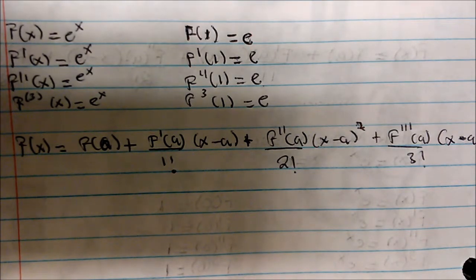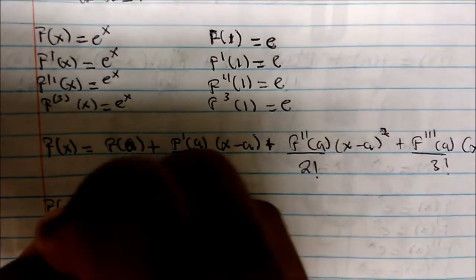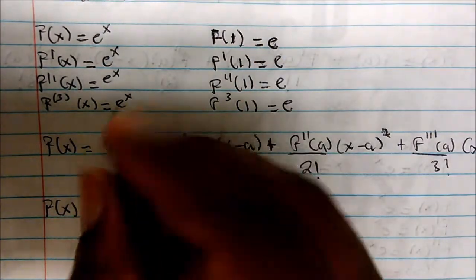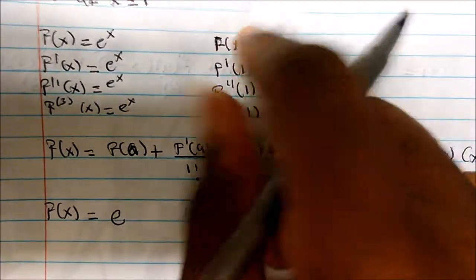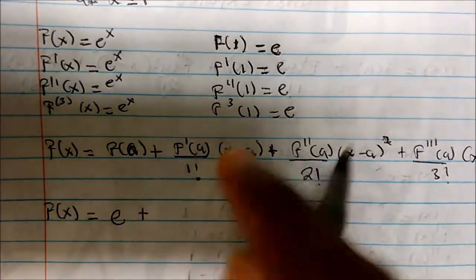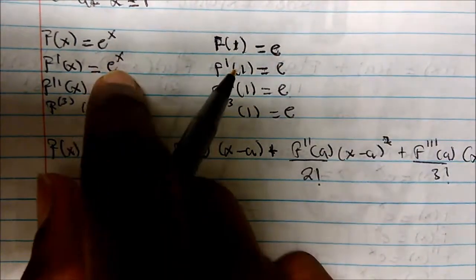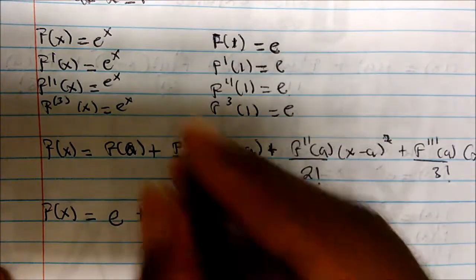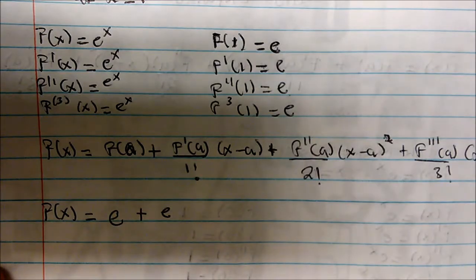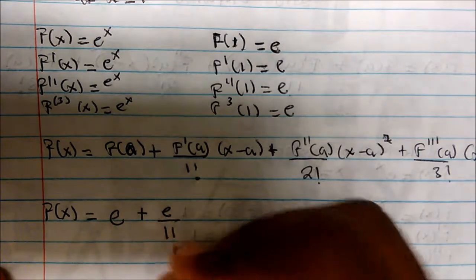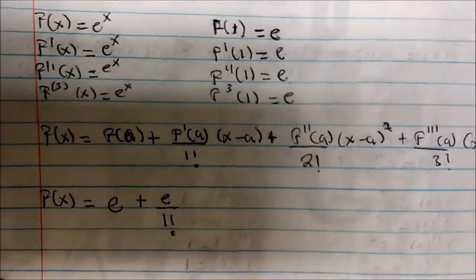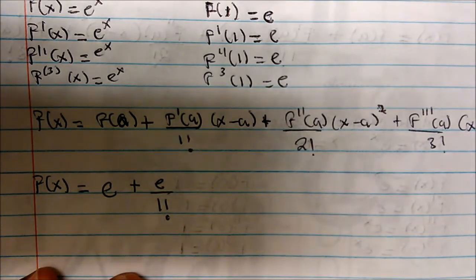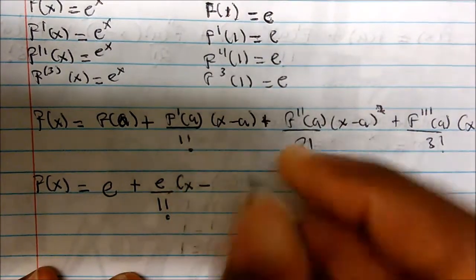And so if I'm looking at this, my function f of x can be written as f of a, which happens to be e, plus f prime of a. Well, f prime of a happens to be e also. And we're going to divide that by 1 factorial. 1 factorial is just 1, so we didn't even need to write that, but I just wanted to show the process. And then we have our x minus, well, what is our a?